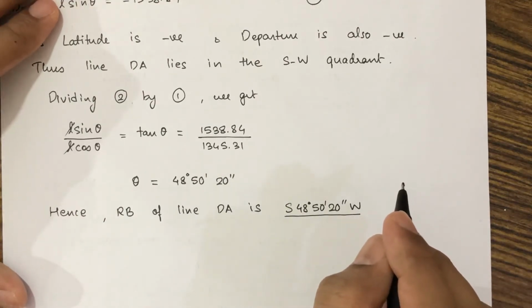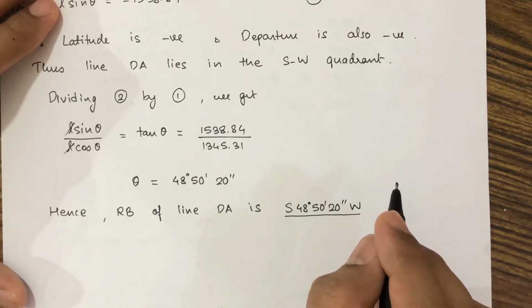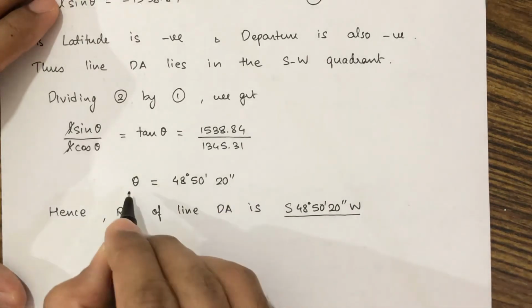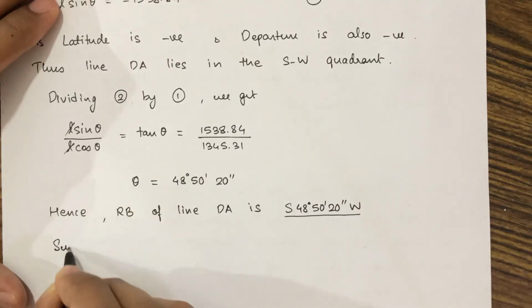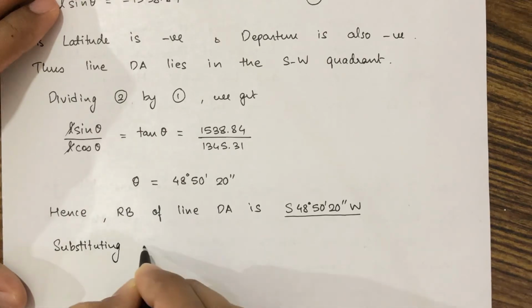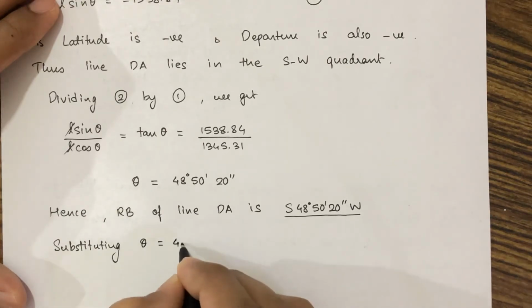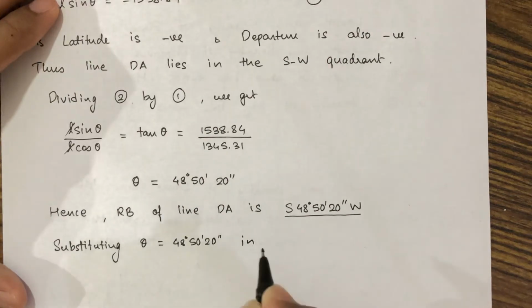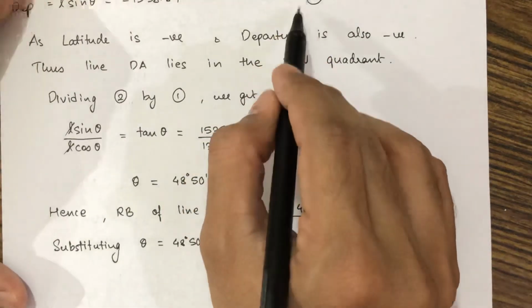Now we need to find out the length as well. In order to find out the length of DA, we can substitute theta equal to 48 degree 50 minute 20 second in equation 1 or equation 2.